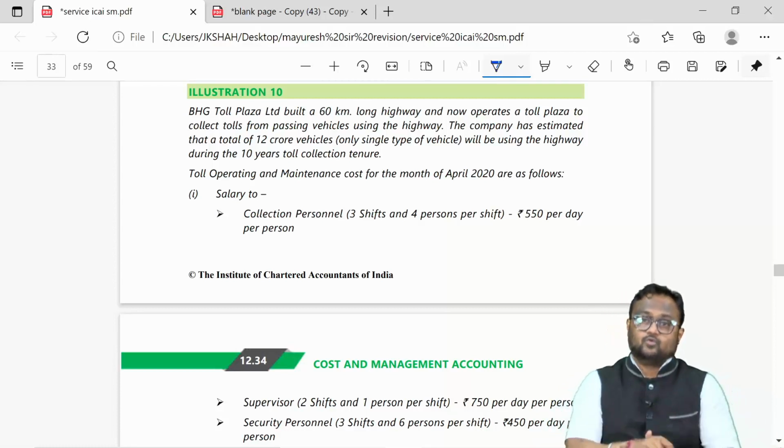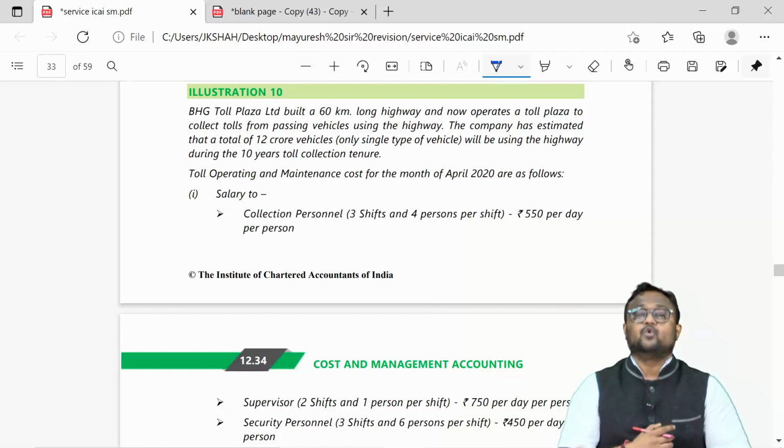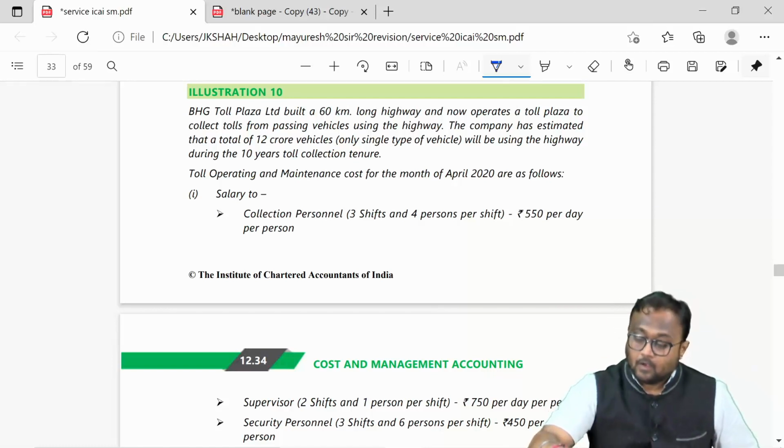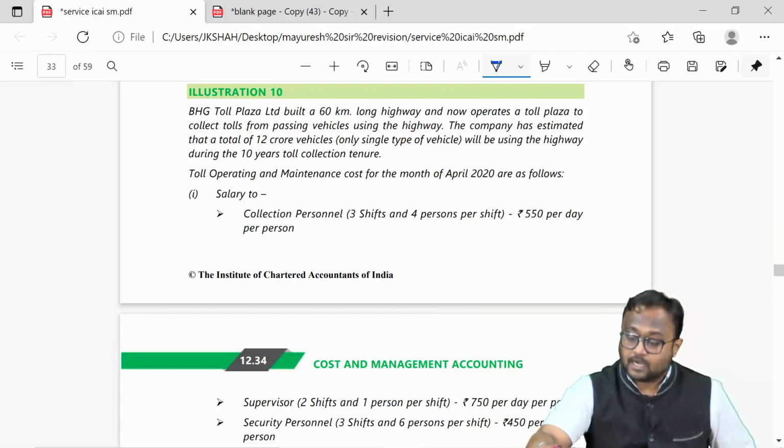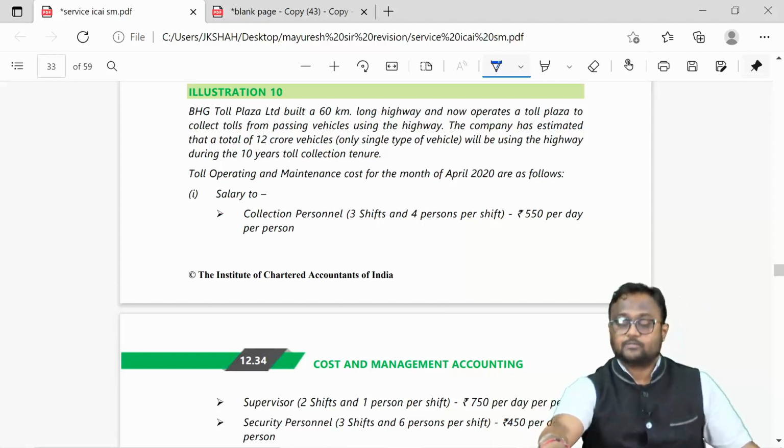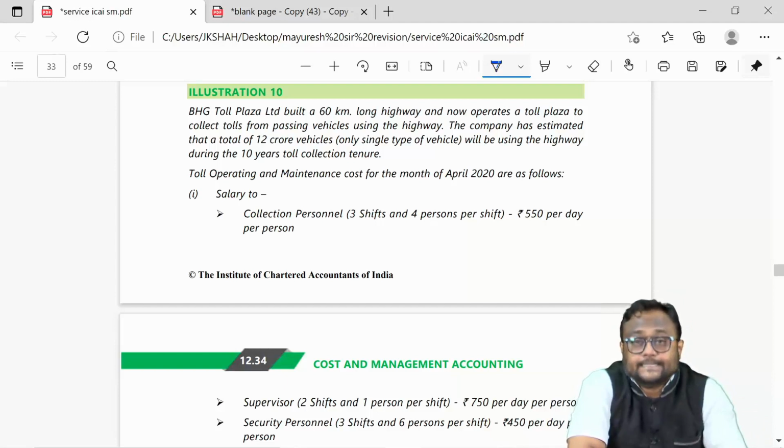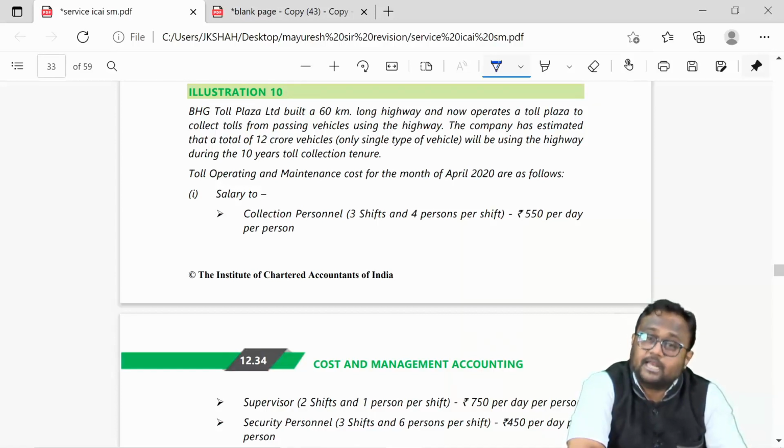So 1.2 crore vehicles per annum, which is around 10 lakh vehicles per month. 12 crore for 10 years, 1.2 crores per year divided by 12, 10 lakhs per month. Correct? Okay.